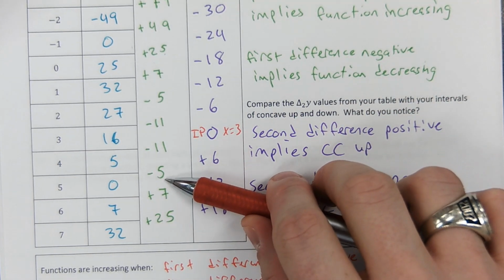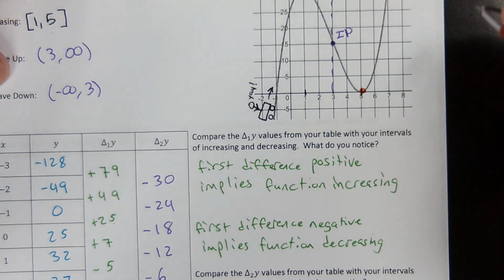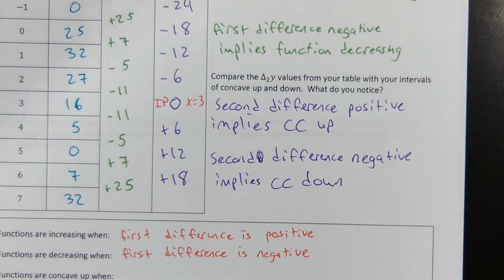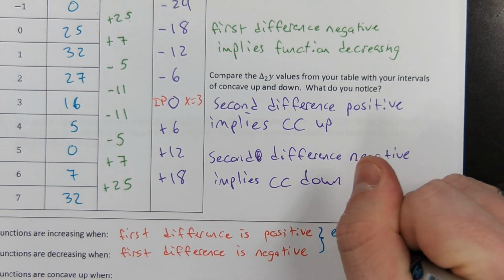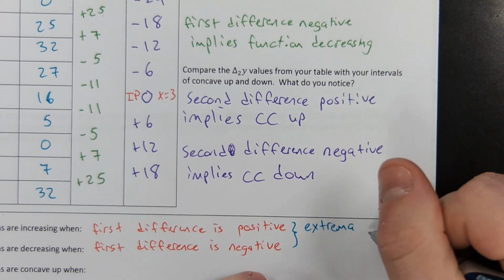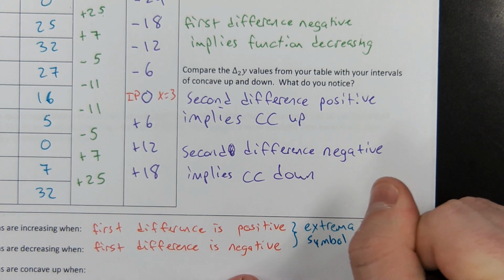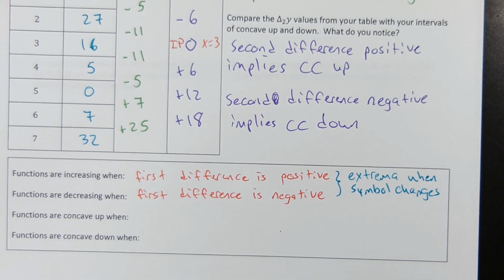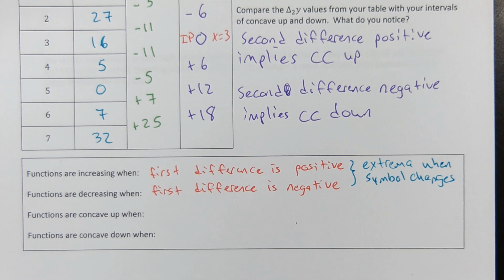At x equals 5, it changed symbol again. Extreme values are found when our first difference changes symbol. So they're extreme when the symbol changes between positive and negative. Going up to down, maximum. Going down to up, minimum.